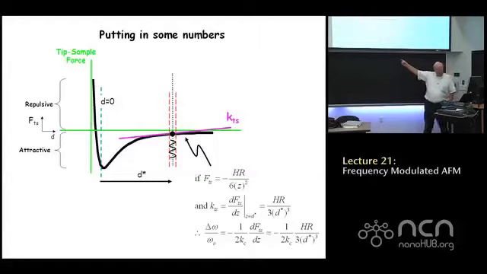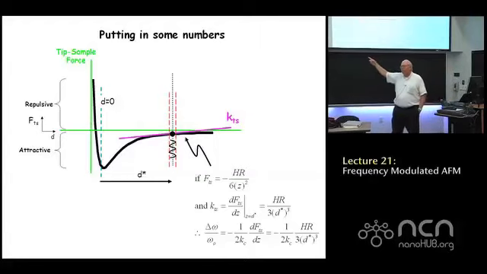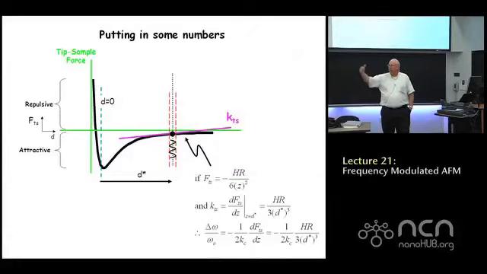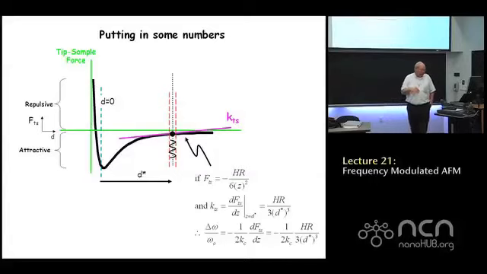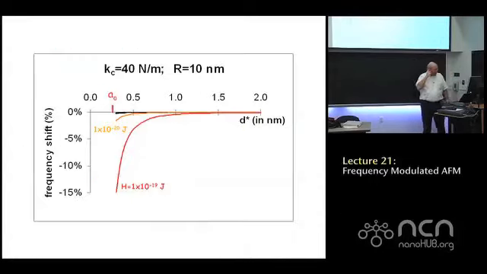Notice the frequency shift is negative, which means that as the tip gets closer and closer to the substrate, the frequency shift decreases from the resonance frequency that you would have measured if the tip were far from the substrate. So there's always a frequency decrease. And of course, that's related to the asymmetric nature of the potential well that the tip is oscillating in. How big is the frequency shift?